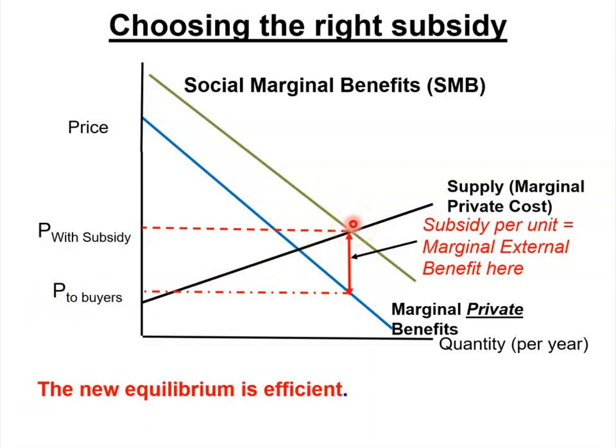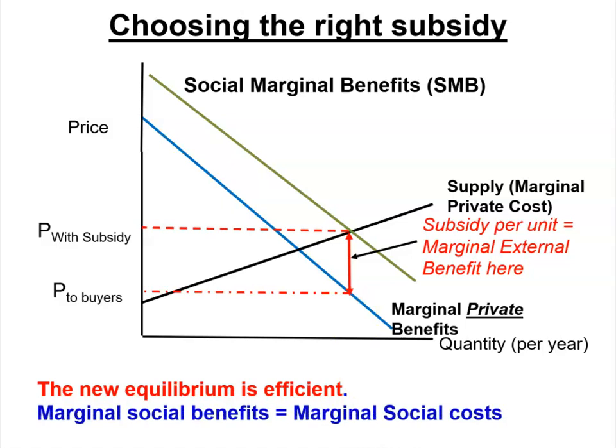So we want to end up in this situation, and what we're going to do is lower the costs of suppliers by this amount so that they're willing to supply buyers at this lower price. So what we're doing for the buyers is we're lowering the price so that they're going to be willing to buy more. And the resulting marginal social benefits are going to be equal to the marginal social costs.